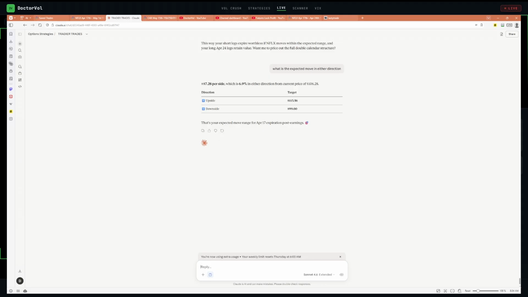So I can tell Claude AI, for instance, show me how it looks putting on a double calendar at 100 and 115 strikes. Expiration 17th of April and 1st of May.